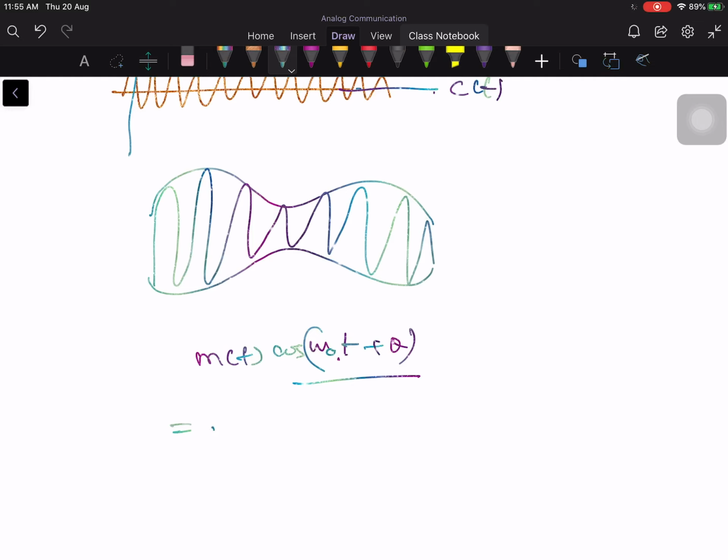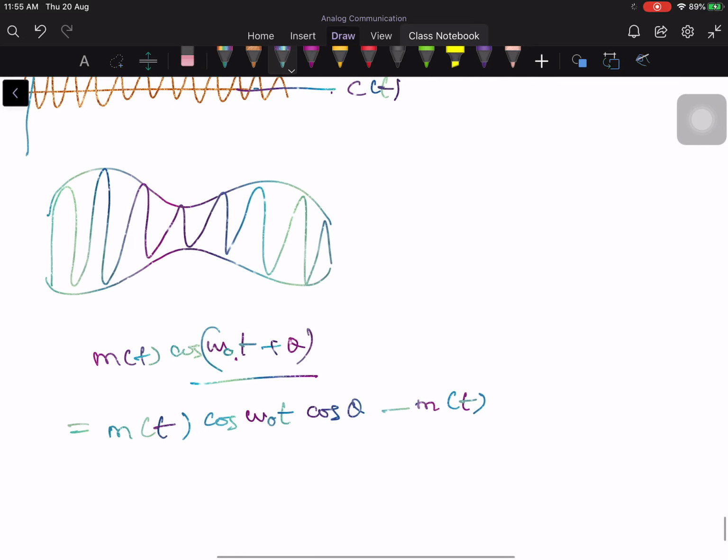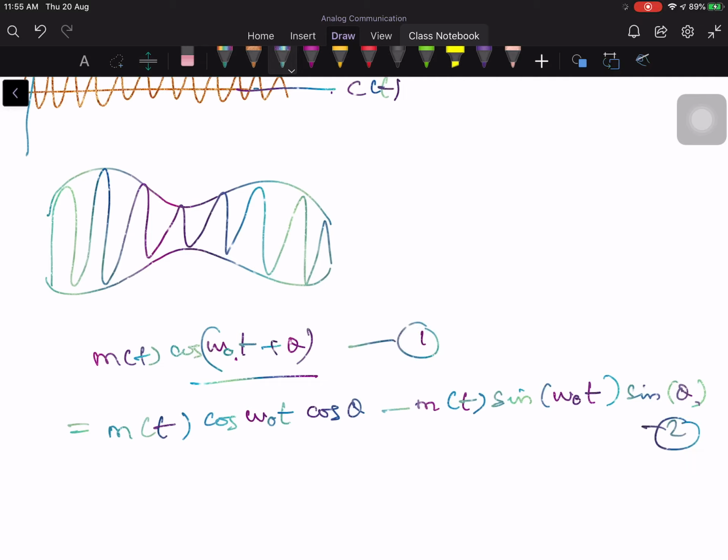So m of t times cos of omega naught t cos theta minus sin of omega naught t sin of theta. Now you can answer me, what is the instantaneous amplitude? Let us say this is equation 1 and this is equation 2, going from equation 2 to 1.